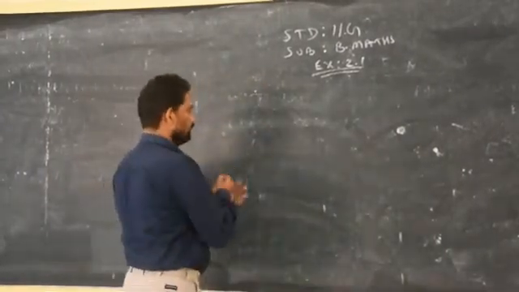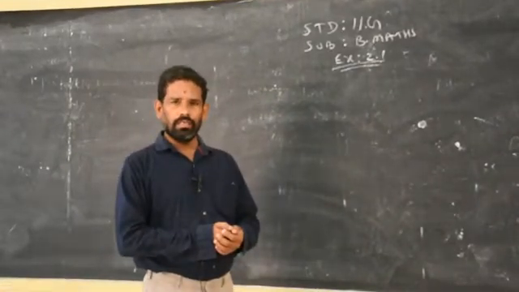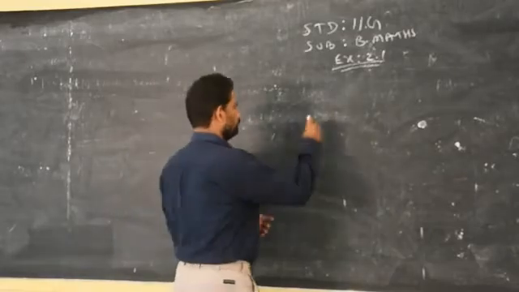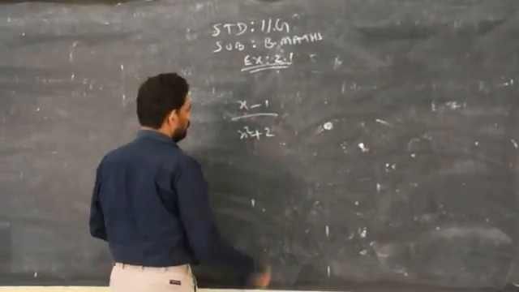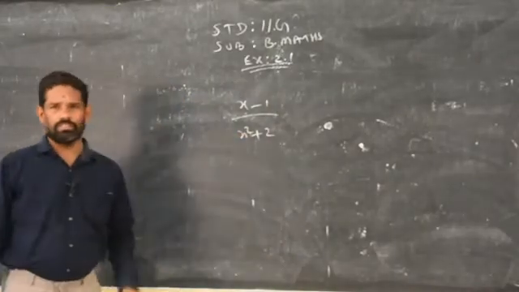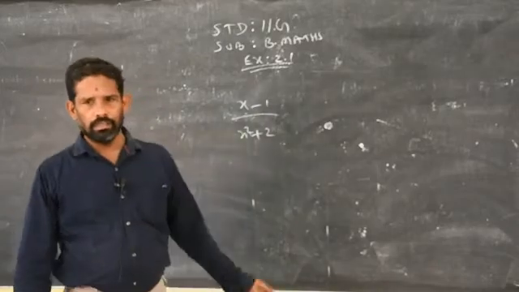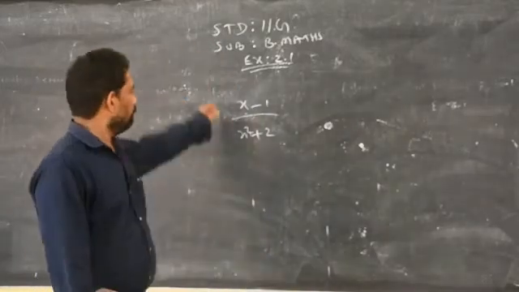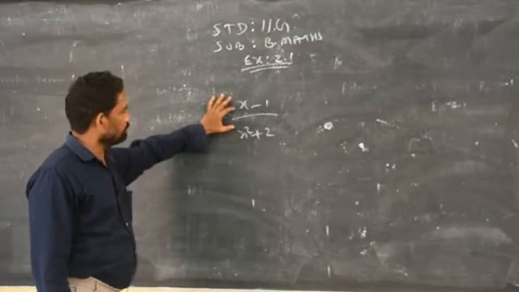If it is in a variable, it is called a rational expression. For example, this is one rational expression. So you can write this, and this is called a rational expression.